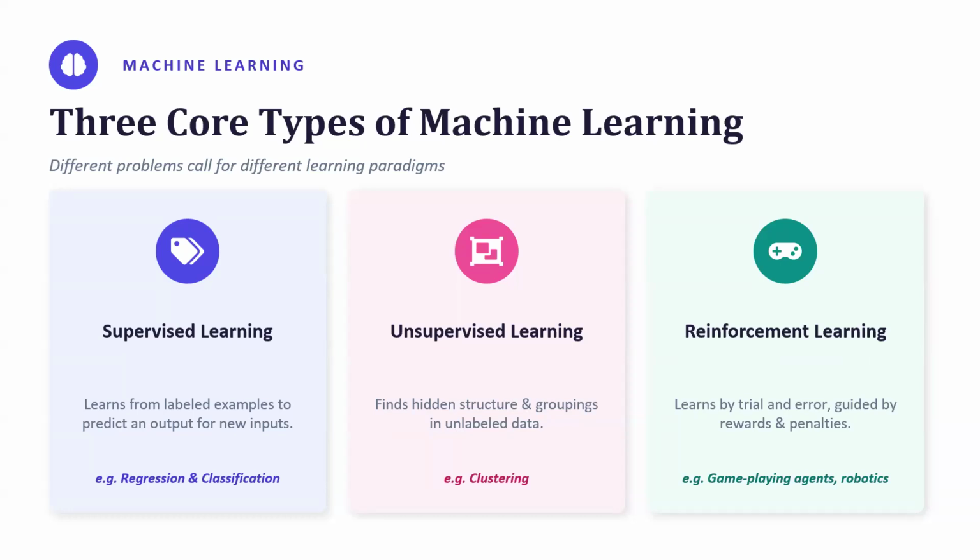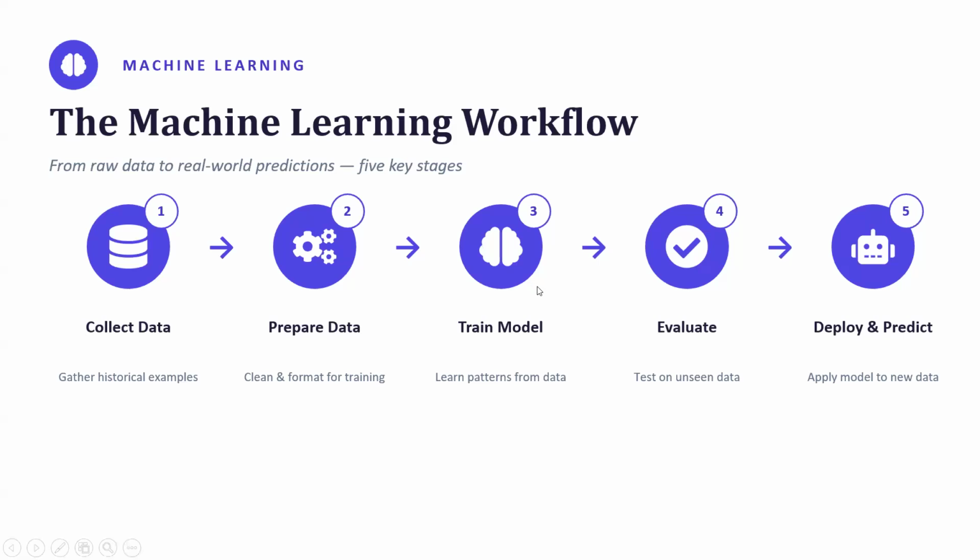Reinforcement learning learns by trial and error, guided by rewards and penalties, as in game-playing agents and robotics. We discussed in the previous slides also the machine learning workflow: collect the data, from raw data to real-world prediction, key stages: prepare the data, train the model, evaluate the model, and deploy the model.